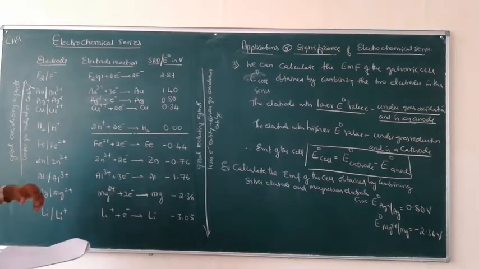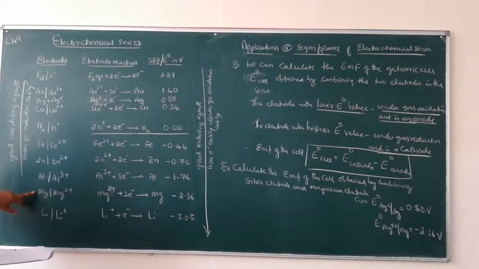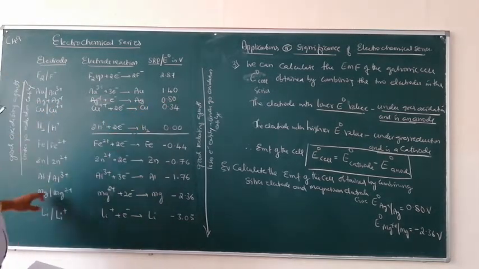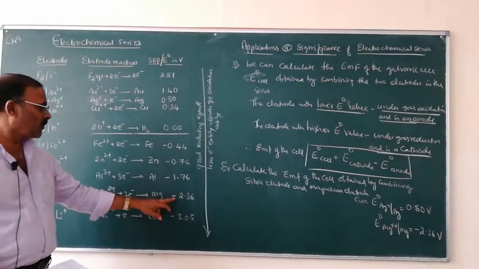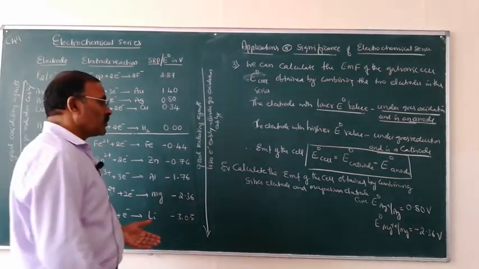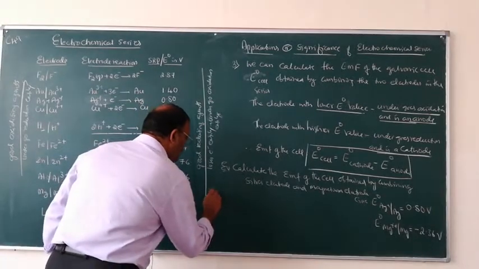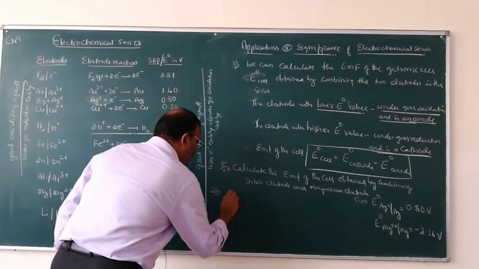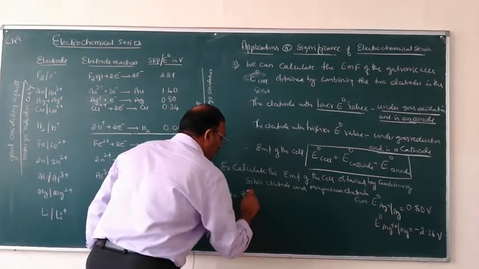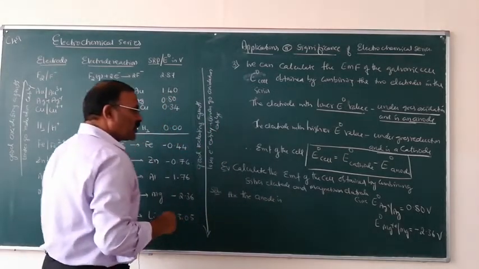So here two electrodes are given, silver and magnesium. The electrode potential of silver is 0.80 volt, electrode potential of magnesium is minus 2.36 volts. So here which is the anode and which is the cathode? So what is the solution? Which is the anode?